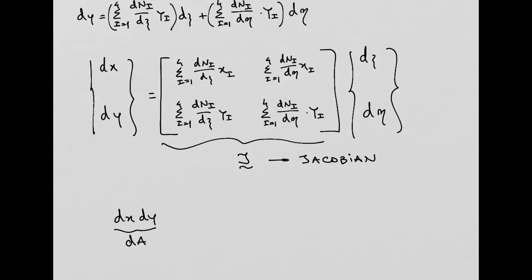It is obtained by calculating the determinant of the Jacobian and multiplying this by infinitesimal area. So I can put this infinitesimal area in the xy domain. This is the infinitesimal area in the xi eta or natural domain, right?